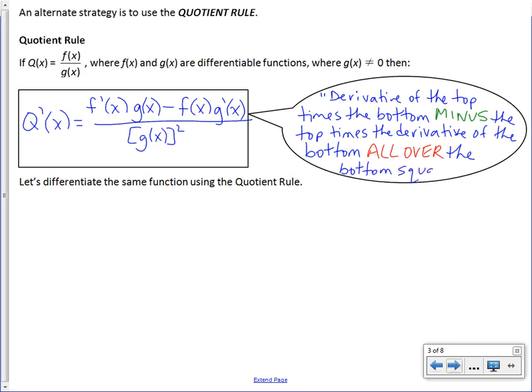We've got a new lovely chant you can chant to yourself as you're going to sleep tonight: derivative of the top times the bottom minus the top times the derivative of the bottom all over the bottom squared.